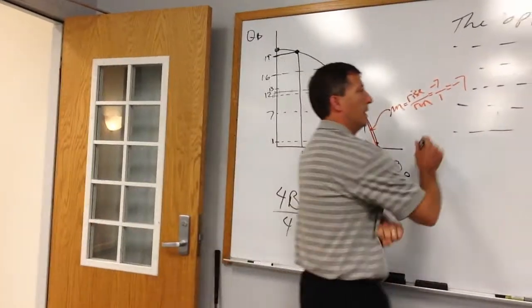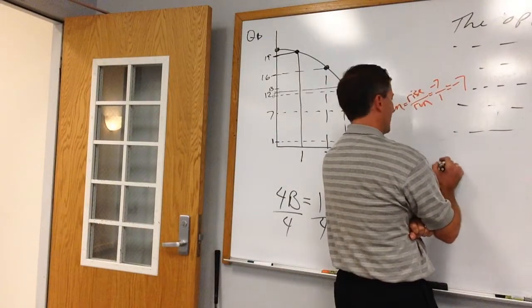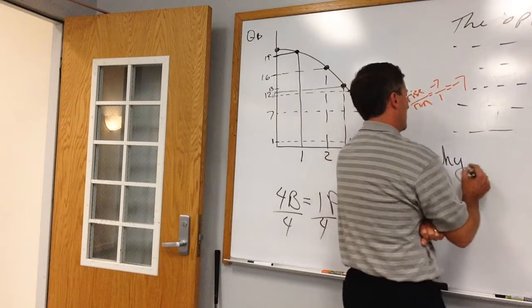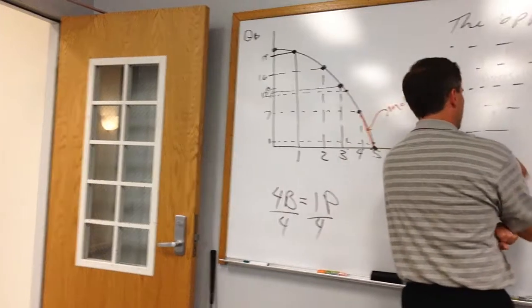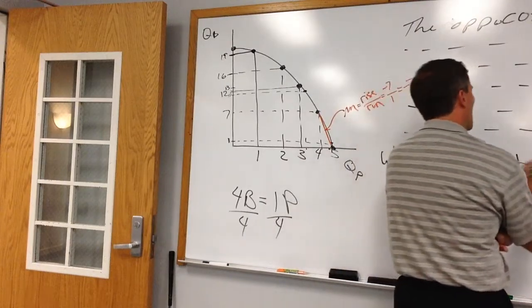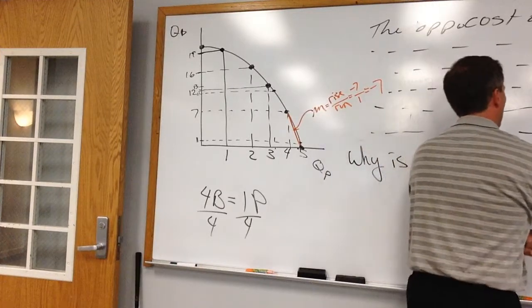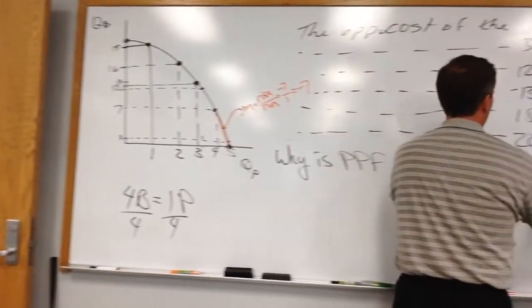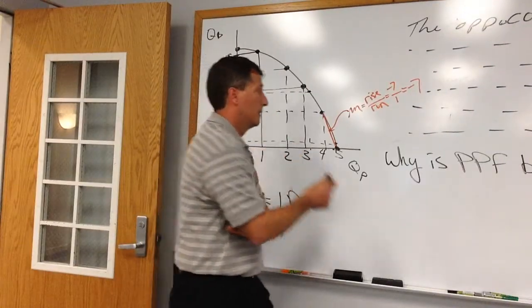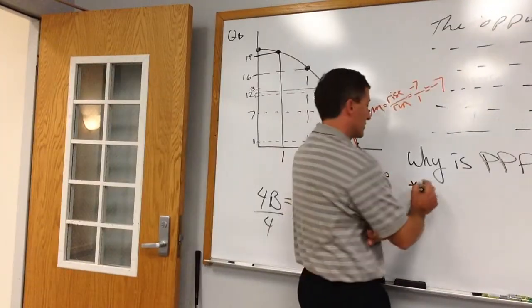All right, so let me put up the question of why. This is a great test question. Why is the production possibilities frontier bowed outward?